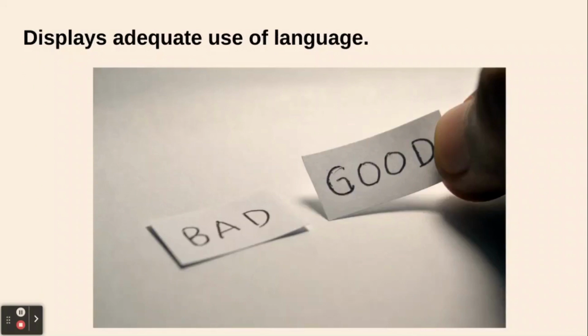The next bullet point on the rubric was displays adequate use of language. What this means is that you have a good vocabulary. You're not always using the same words over and over, that you spice it up a bit.